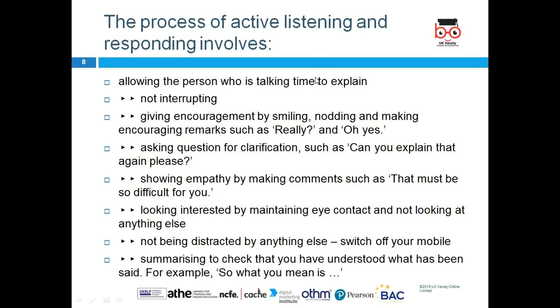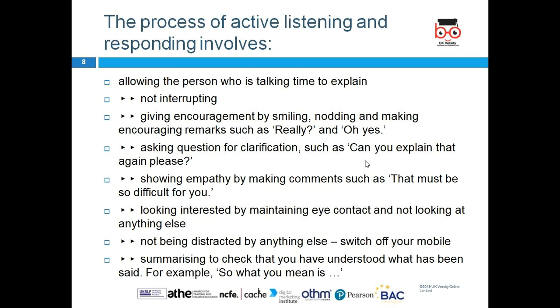So here are some things that we can actually do to make sure that we actively listen and respond. Allow the person who is talking time to explain, so don't interrupt them. Give encouragement by smiling, nodding, and making encouraging remarks such as really, oh yes, and carry on. Ask questions to clarify, so can you explain that again, please? Show empathy by making comments like, that must be so difficult for you.